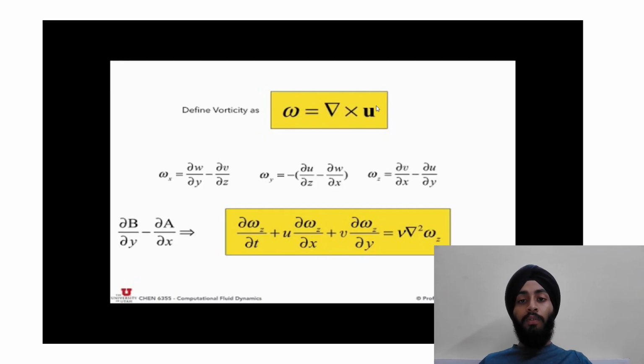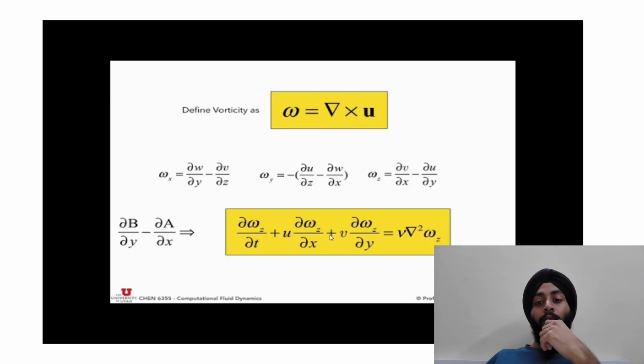Now, if my u is the velocity vector, I can take its curl and define another vector known as the vorticity, with its x, y, and z components. Using them, I can derive the vorticity equation. This is for the z component. I will be using only one single component of the vorticity for ease in calculation and the ease in availability of the data set that I found.